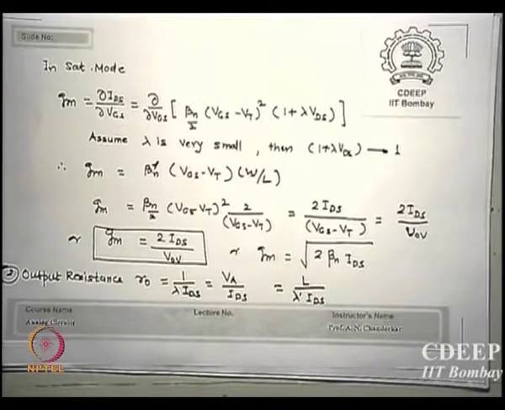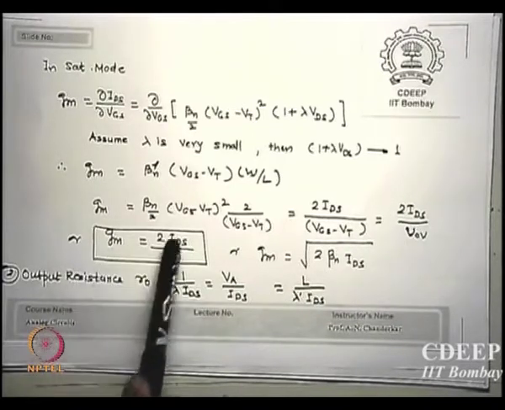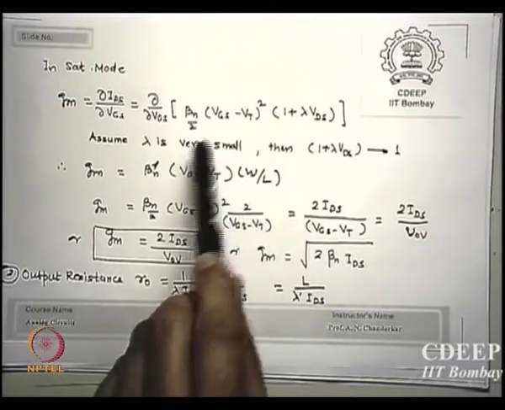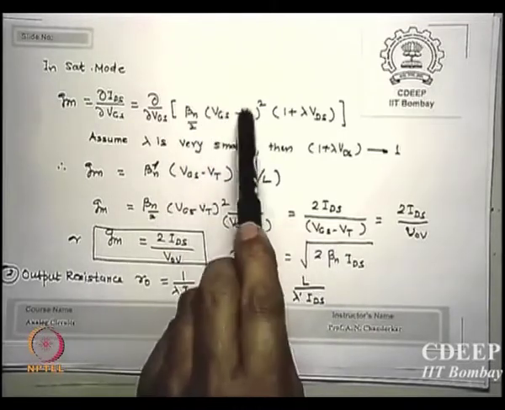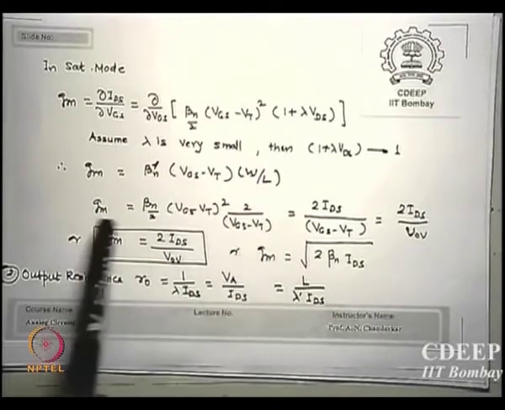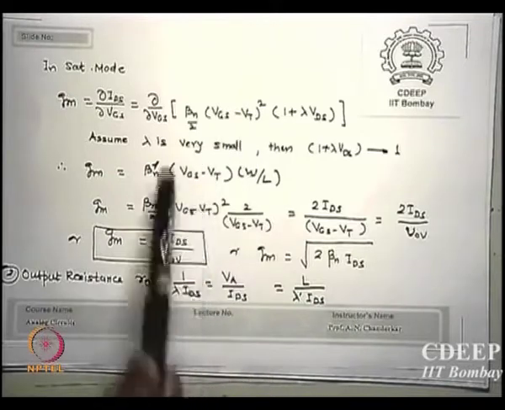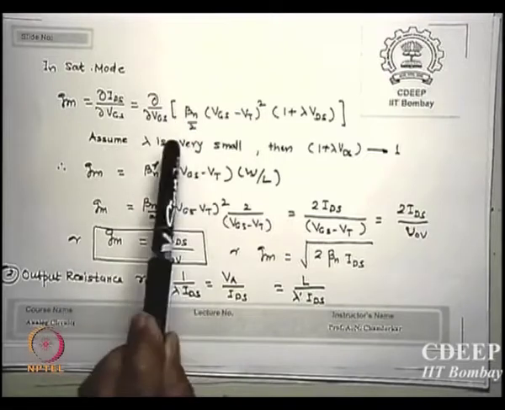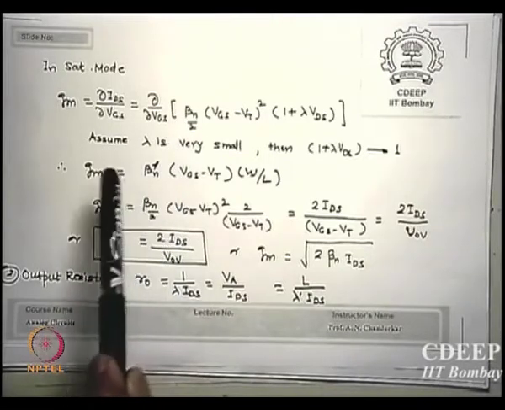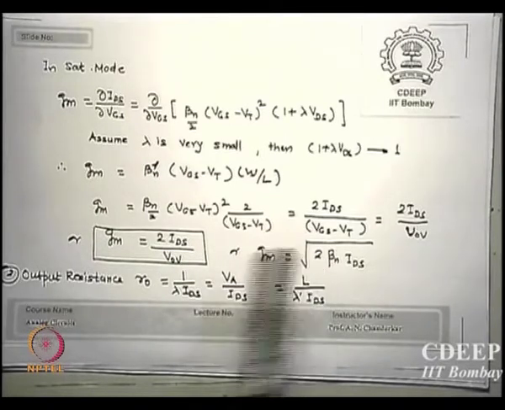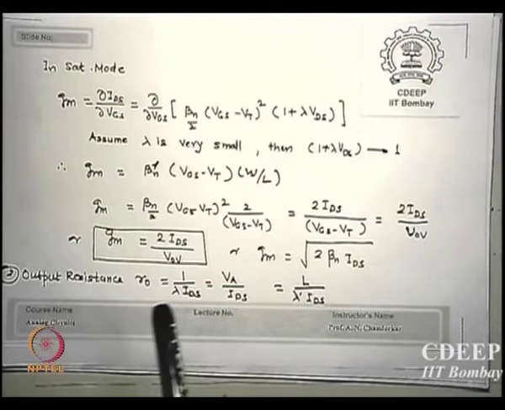So I can write 2 IDS upon VGS minus VT, and VGS minus VT is called the overdrive voltage VOV, so GM is 2 IDS by VOV. If instead I replace VGS minus VT in terms of GM and beta, that is, under root of 2 IDS upon beta n as VGS minus VT, and substitute back, I can rewrite GM as root of 2 beta n IDS.